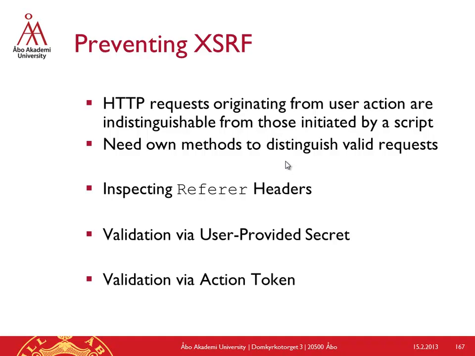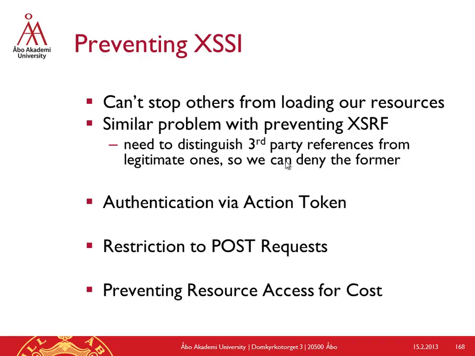We have to include some sort of user-provided secrets in our web page for sensitive actions, for example, one-time passwords, which might be quite useful. And also validate the action token, for example, by checking some special parameters of it, which might be implemented only in our secure web pages.